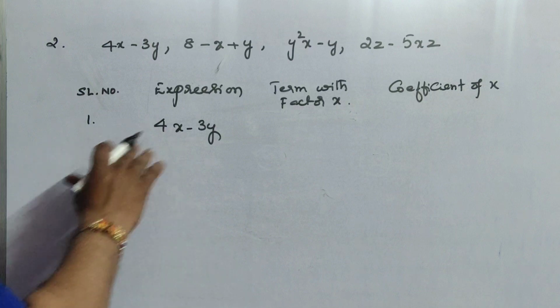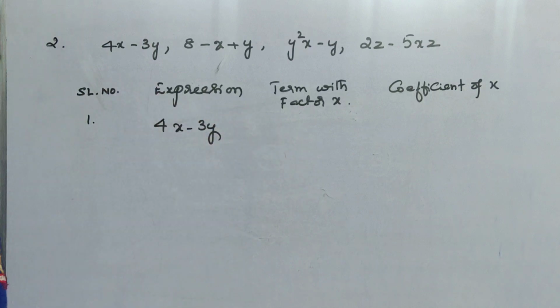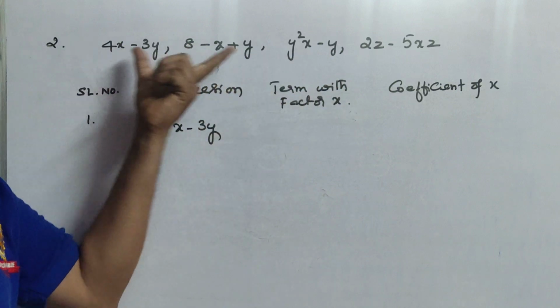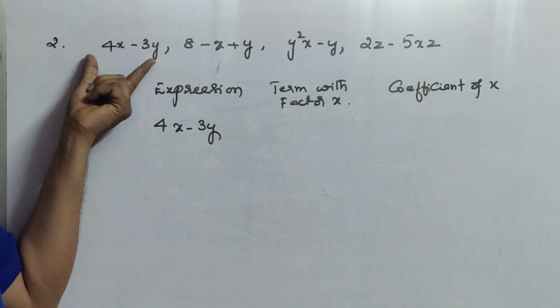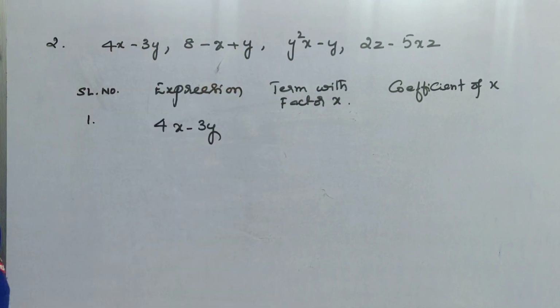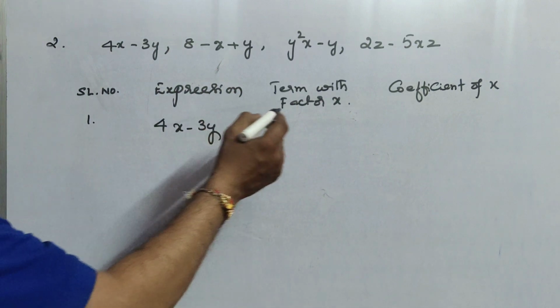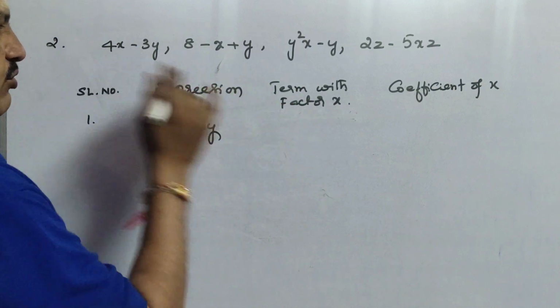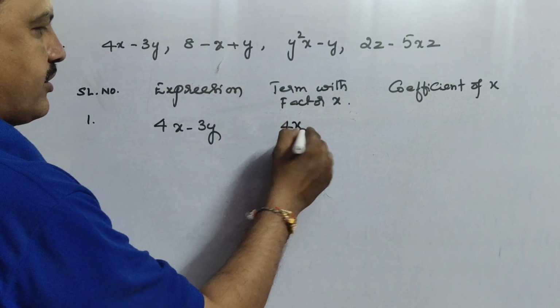For a 1 mark question, no need for this much; you can write the answer straight away. For 1 mark they will not ask so many expressions; they'll give just one expression. Now, term with factor x means what is attached with the x, that means 4x in the first term.